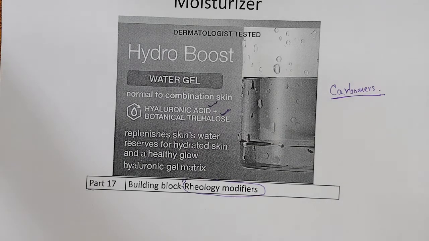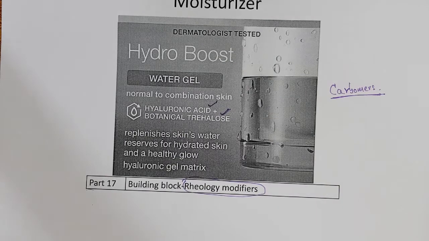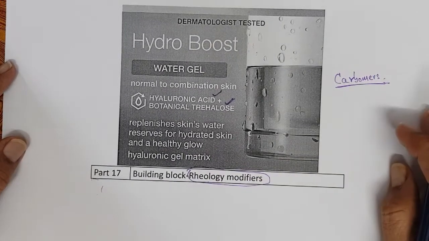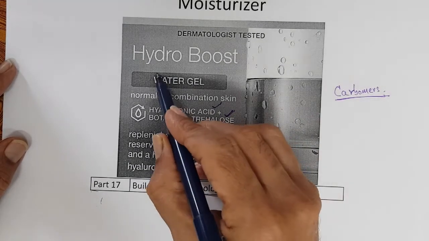So generally carbomers are used, alright. Then some of the natural gums are also used. Sometimes you can go through the rheology modifier part 17 where this has been discussed in great detail. So this is a water gel.